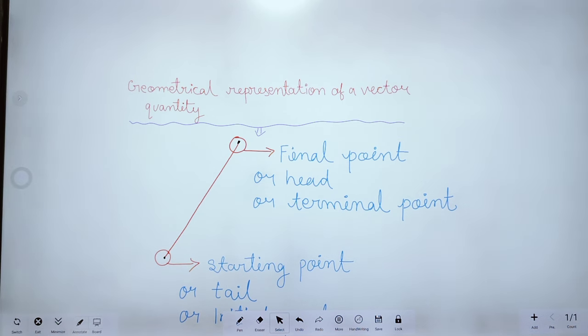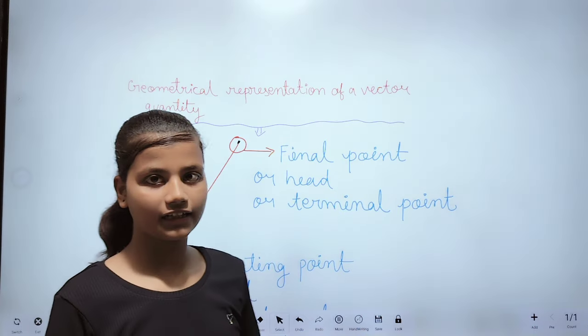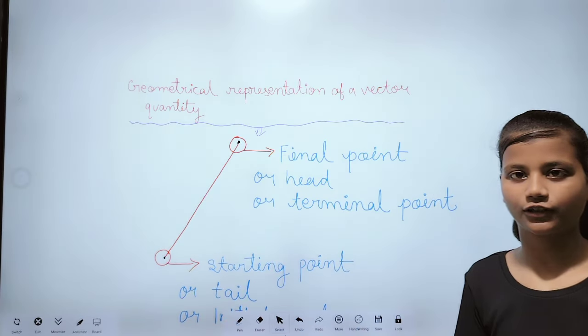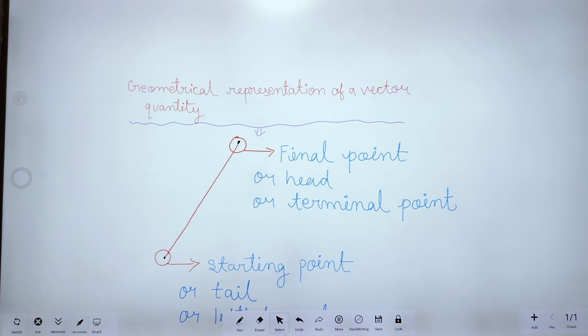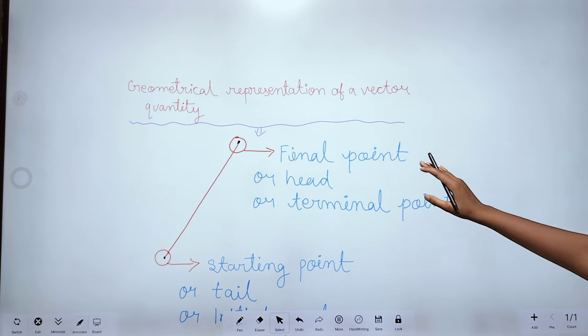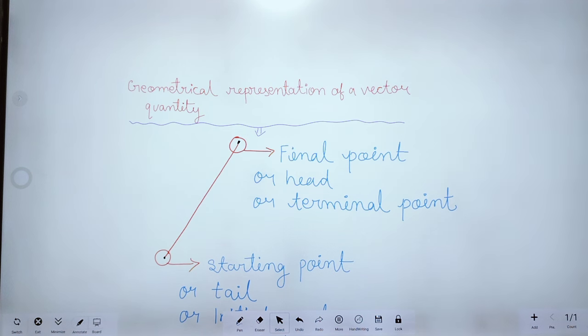So this point is known as the starting point, or you can also say tail or initial point. Okay, and this point is known as the final point or head, or you can also say terminal point.